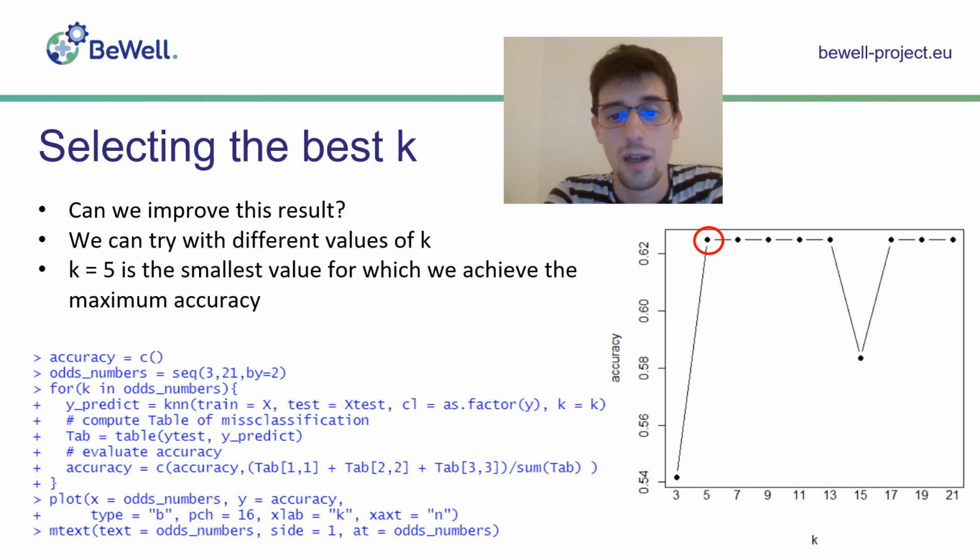But after that, the accuracy stabilizes on the same value. In this case, we conclude that k equal to 5 is the best possible solution as it reaches the highest accuracy level without needing to rely on a complicated model.